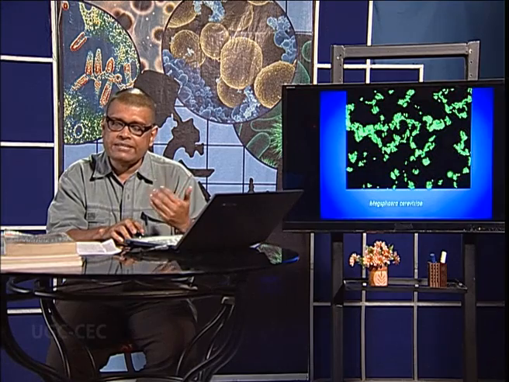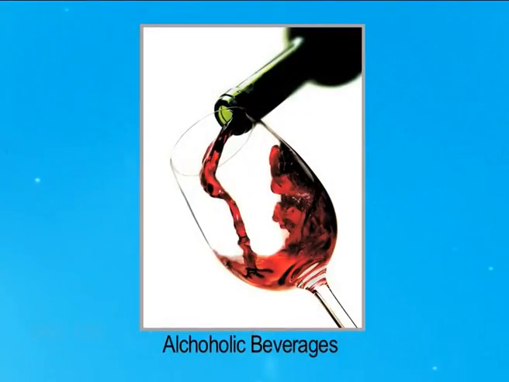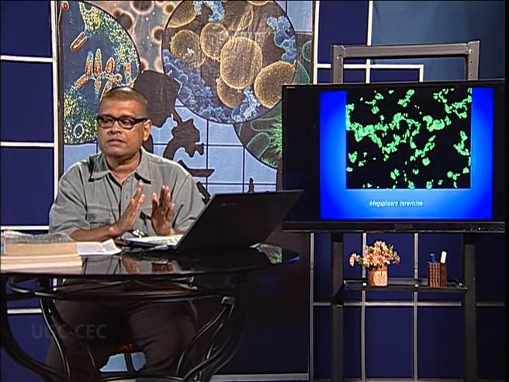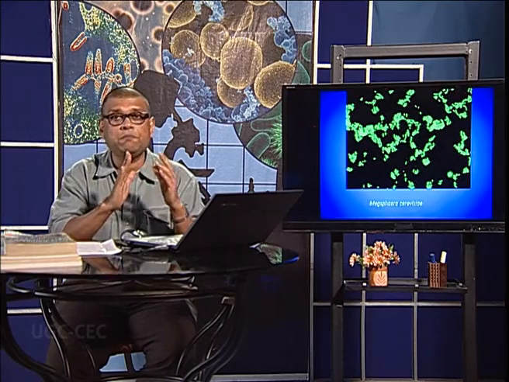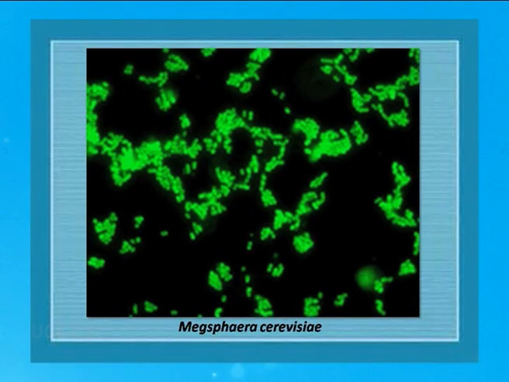Now coming to the next important aspect, which includes the different alcoholic beverages, such as beer, wine, etc. One important source of contamination is lactobacillus. There may be organic acid producing gluconobacter, acetobacter, and this yeast species called Megasphaera cerevisiae.